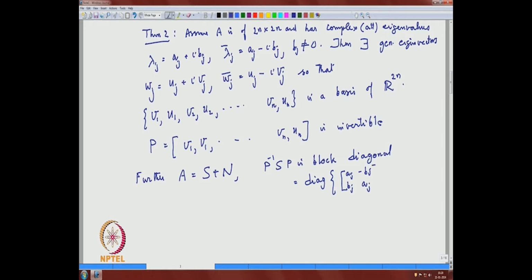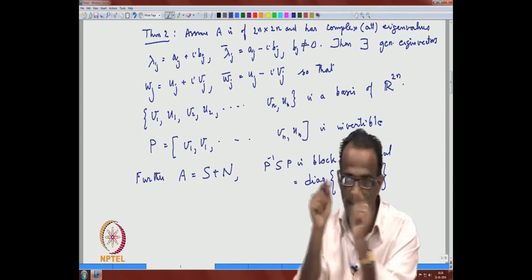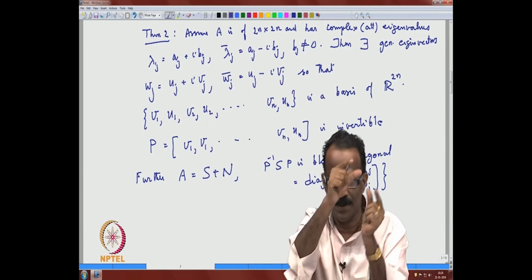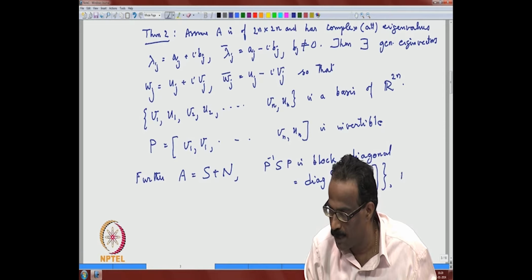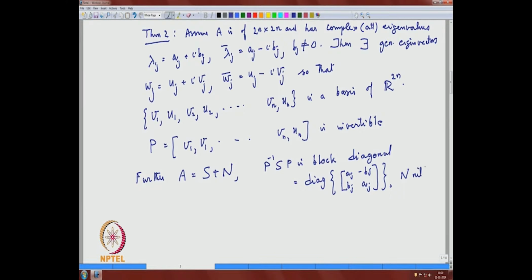So that is the correct way of writing: P inverse S P is block diagonal, the first D which we have seen yesterday. The first block is 2 by 2, then 2 by 2, then 2 by 2, along the diagonal, and N is nilpotent of some order.